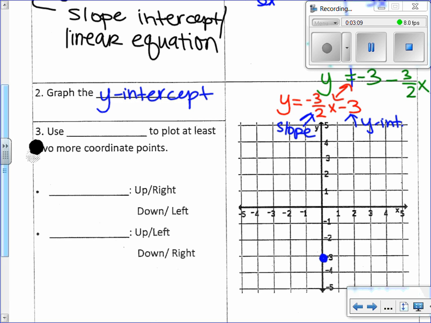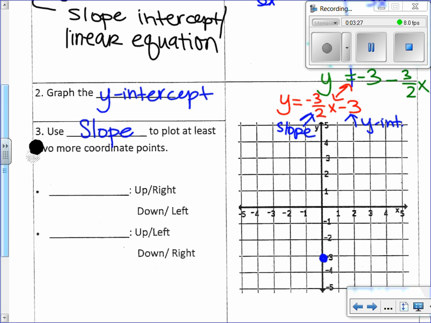All right. Second step to graphing, you're going to use slope to plot at least 2 more coordinate points. You want at least 3 coordinate points to make a true line. If you can't make 3, then 2 is fine, but I would say get at least 3.